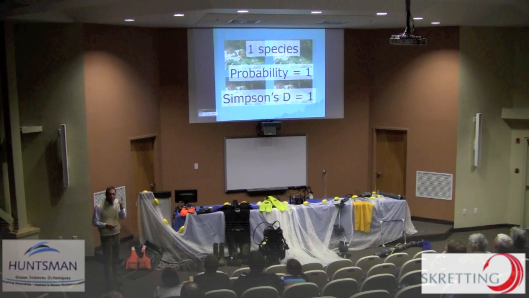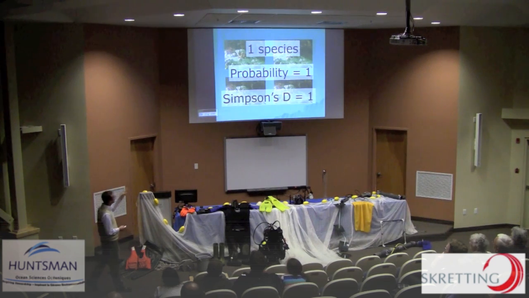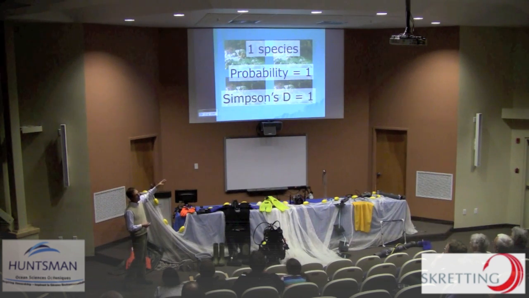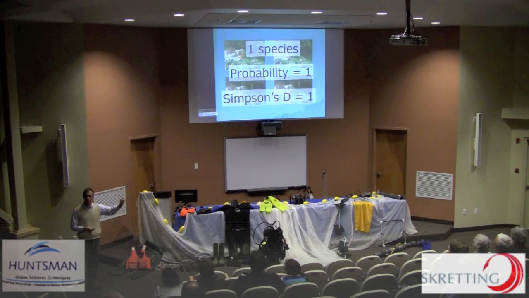If I went back there to sample again, the probability of me catching another hermit crab is 1, or 100%. That's just a mathematical probability, unless I took them all. And an index, something like Simpson's D, which sort of expresses probability, would be 1. That's a fairly low number; a low Simpson's means low diversity, higher numbers is higher diversity.